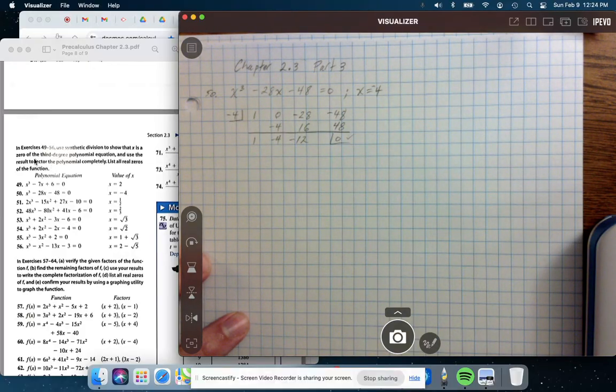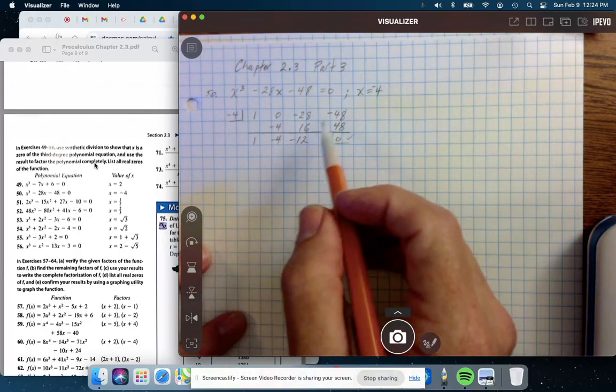All right, so I've done the first part: use synthetic division to show that x is a 0 of the third degree polynomial equation. The next part says, and use the result to factor the polynomial completely and list all real zeros of the function.